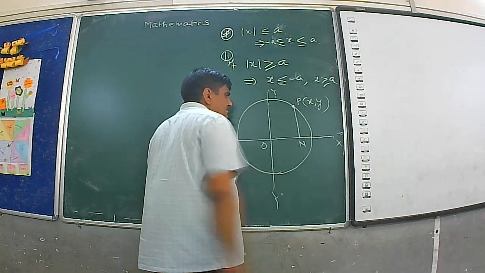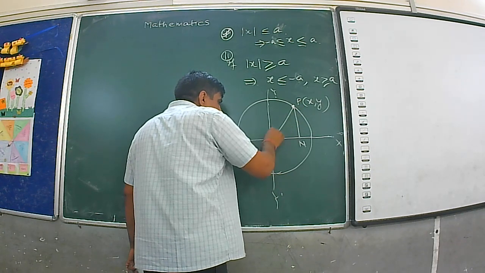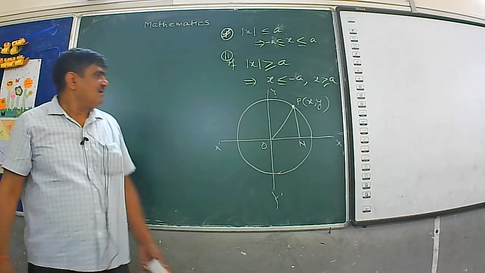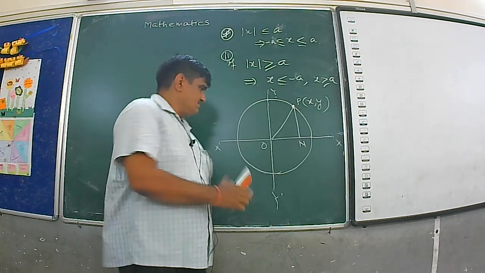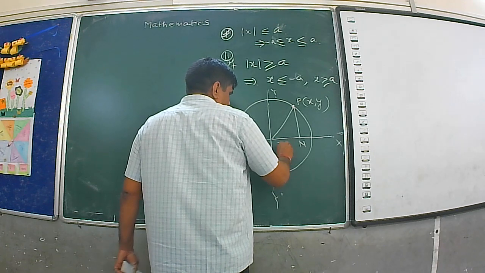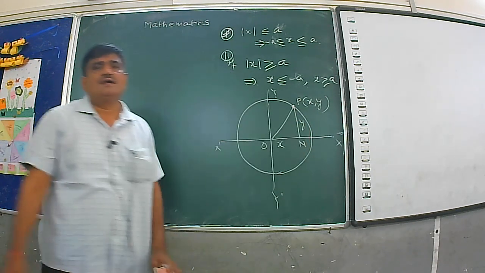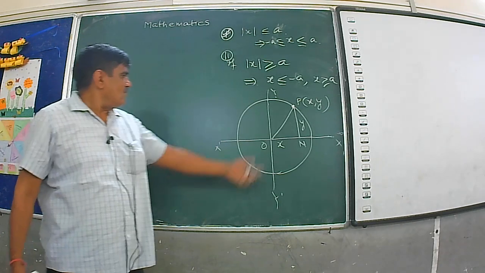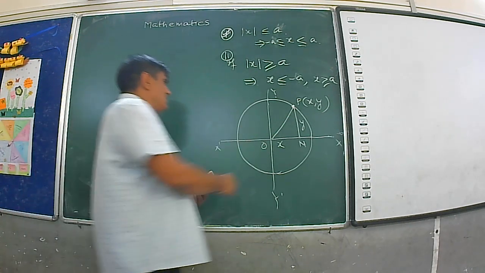Suppose this is N, and join OP. Then ON is equal to x and PN is equal to y, and OP is equal to r, the length of the radius.